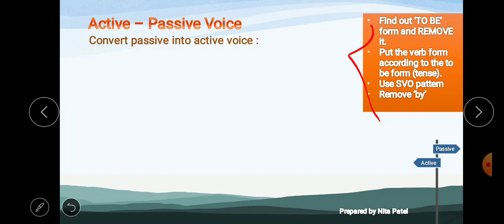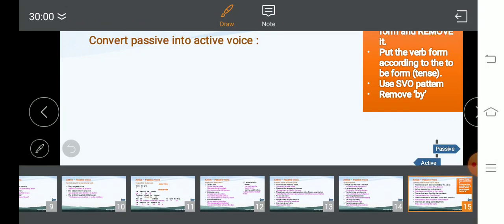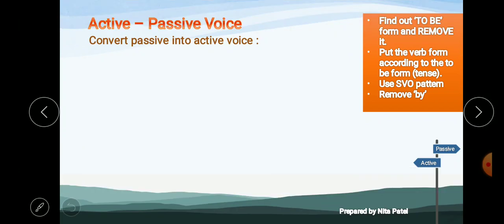First thing that we have to do is find out the to be form, and we have to remove it. Most important step: find out the to be form and remove it. Second thing, put the verb form according to the to be form, according to the tense.